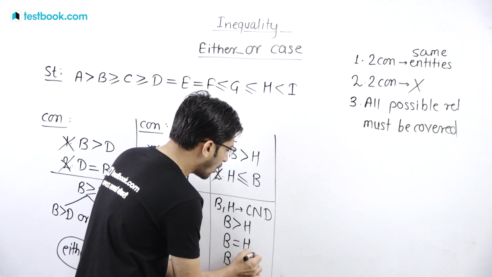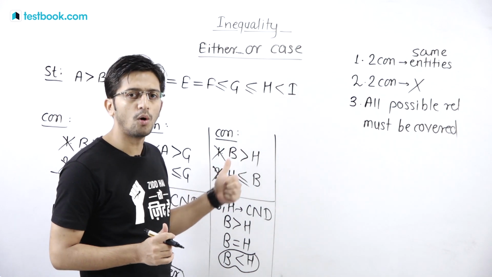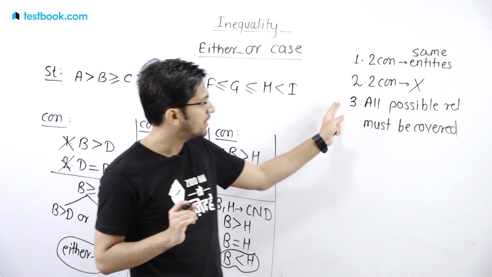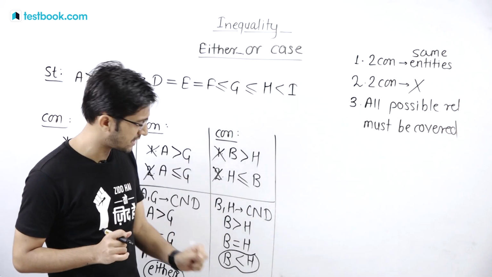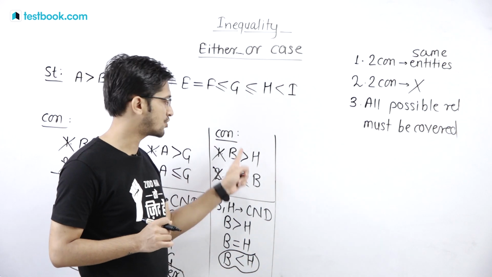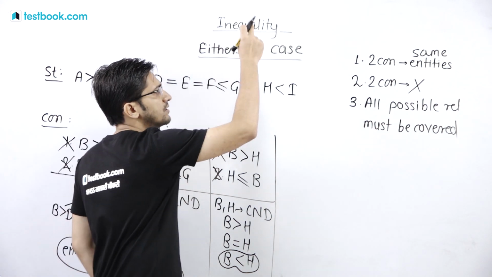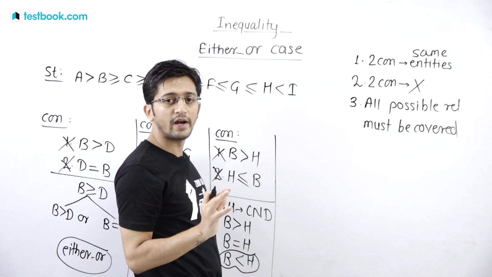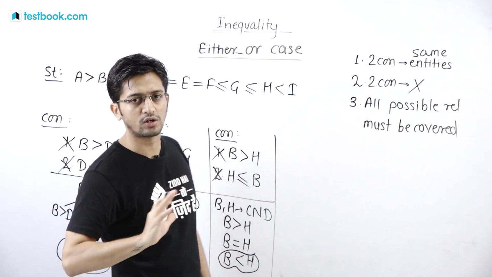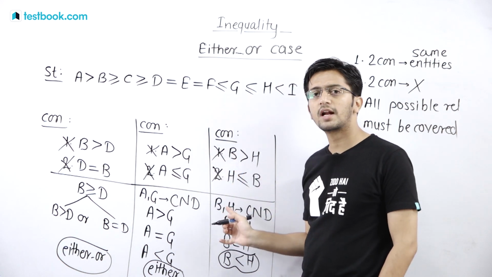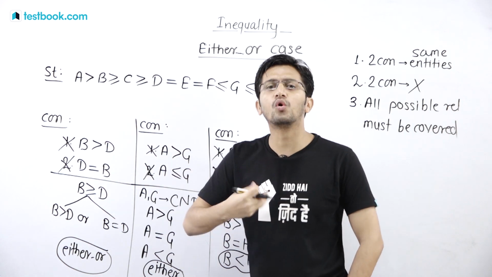As we do not have this relation covered anywhere in the given conclusions, that's why here third condition is not satisfied. Why is the third condition not satisfied? Because this relation is nowhere in the given conclusions. And that is why, as all the three conditions are not satisfied, we cannot answer here either or. What to answer now?